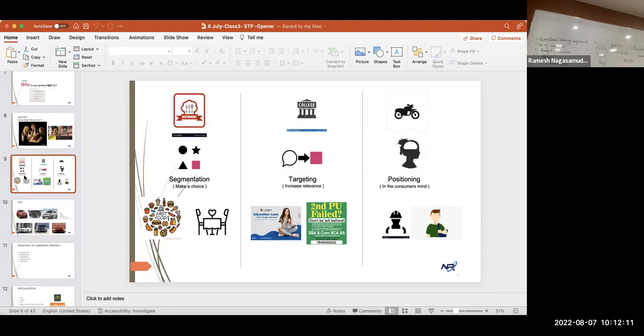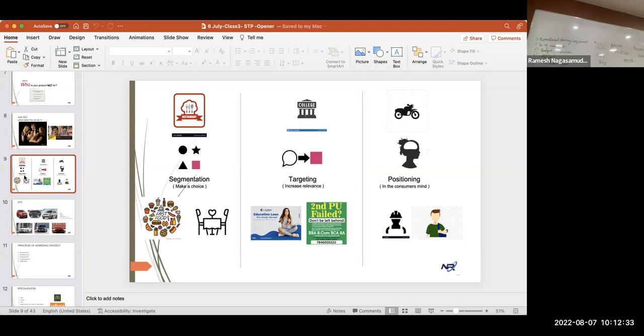That's segmentation. The next thing is targeting. Look at this. Are you targeting the guys in a hurry, or are you targeting the guys in a very relaxed way? That is one way of looking at it. The second is, look at this ad. This ad says, second PU fail, come to me, I'll give you tuitions or whatever that is.